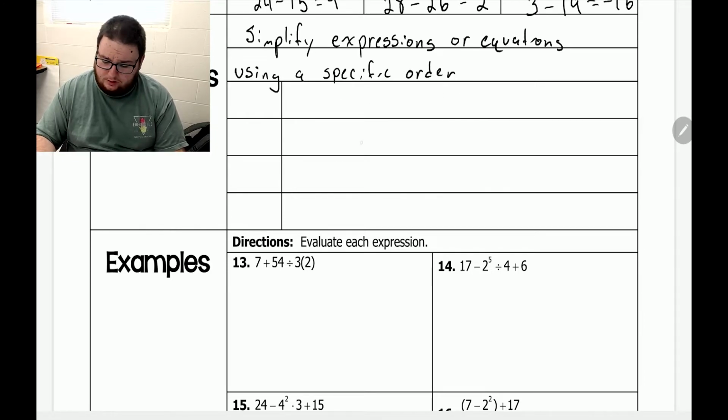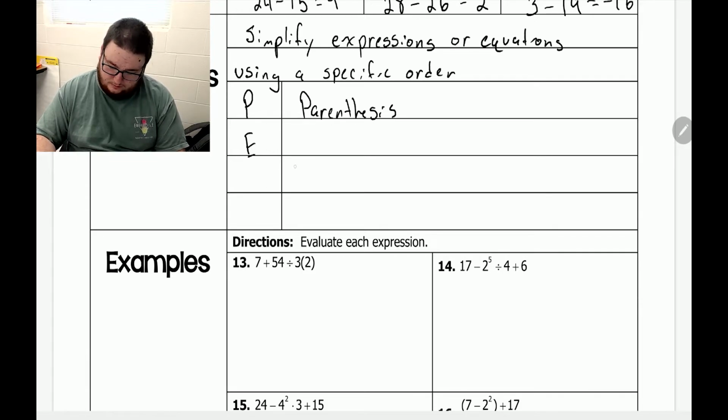And as you know, that order is PEMDAS, or please excuse my dear Aunt Sally, or parentheses, exponents, multiplication or division, and then finally addition or subtraction.